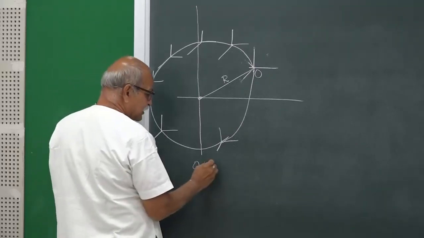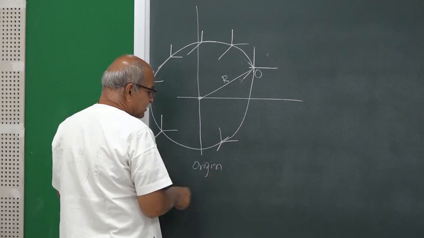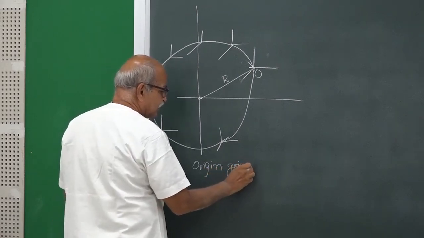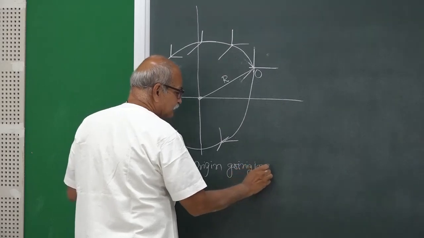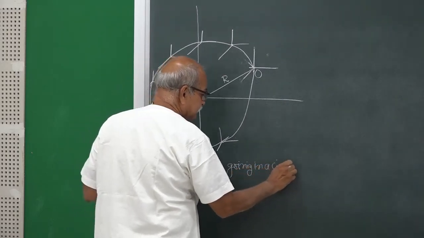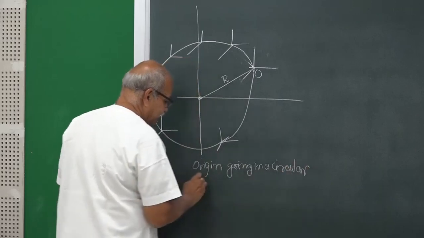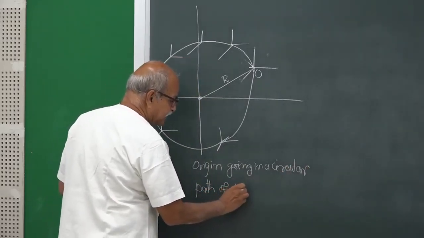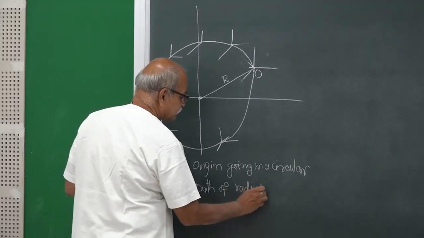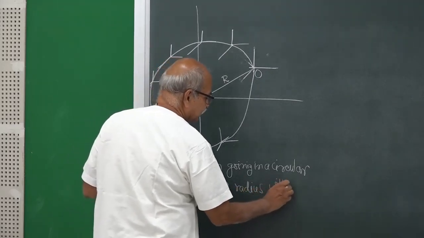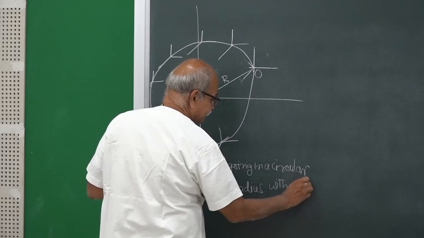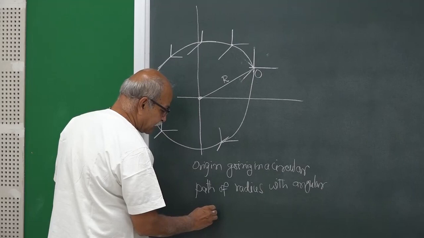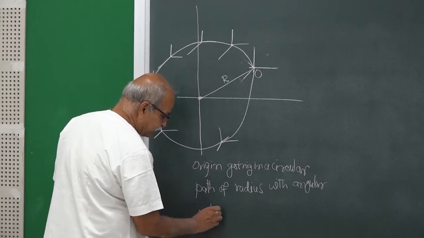So, this origin is going in a circular path of radius capital R with angular speed omega.